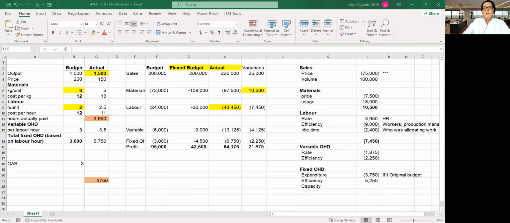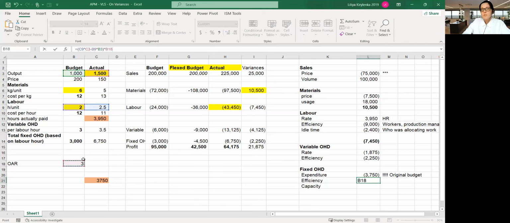Good, right? Yes, so what have we got? We've got 52 and 50. Something is wrong. Let me just double check that. We took overhead absorption rate here. I refer to 3. Let me just refer to this 3. Okay.